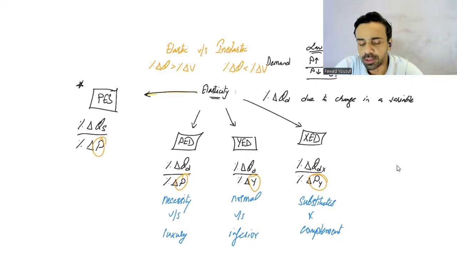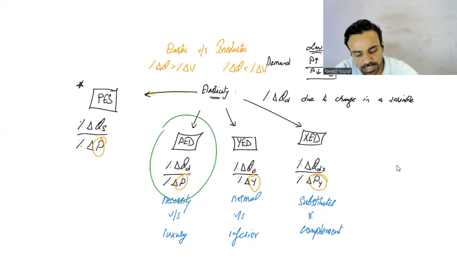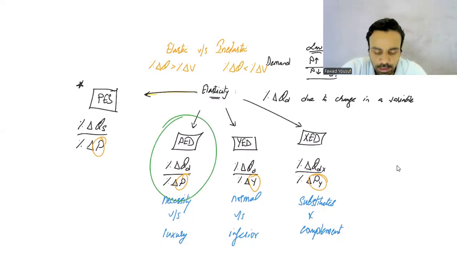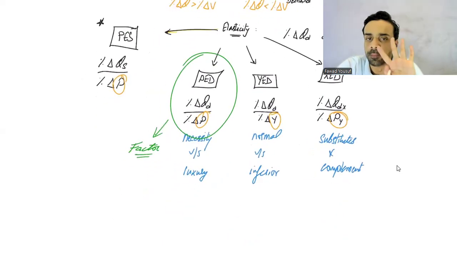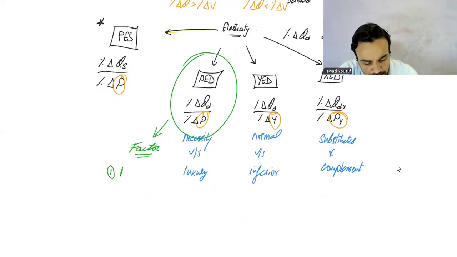Now this is a simpler thing. अब जो इसको थोड़ा सा कॉम्प्लेक्स करते हैं तो ज्यादातर हमने देखा है पीईडी के केस के अंदर you have certain factors that affect the elasticities. We narrow it down to four major ones. One is the availability of substitutes.